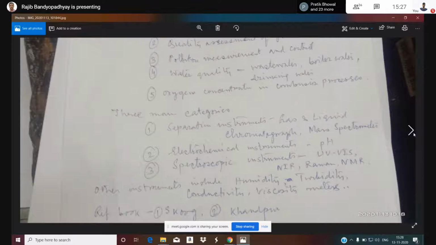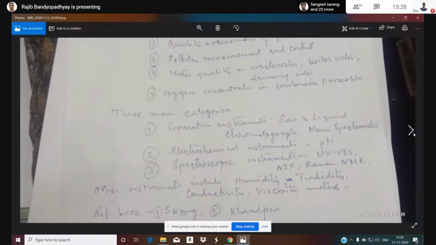So there's a large number of applications for electrochemical instruments, and in many cases these electrochemical sensors are quite inexpensive, but they are very robust and give very accurate readings. So they're very popular. The third category of instruments, some of you have already got exposure to, is the spectroscopic instrument.